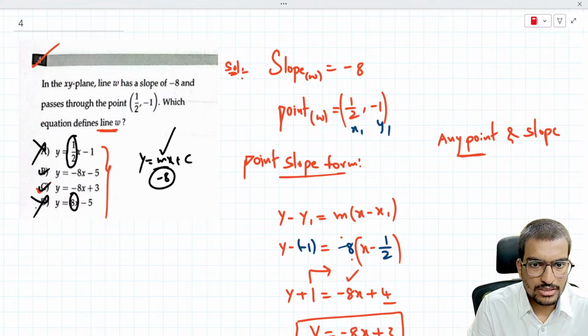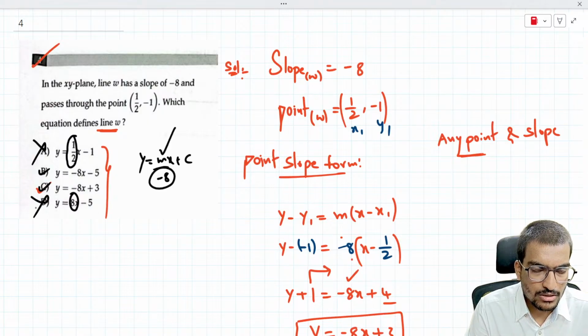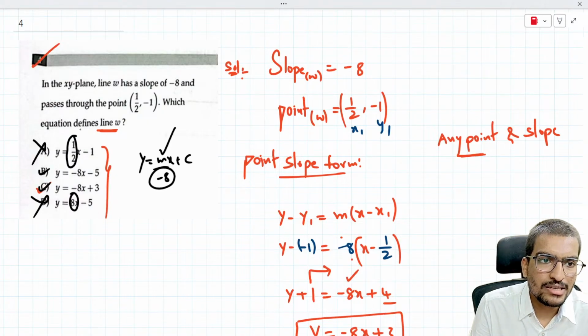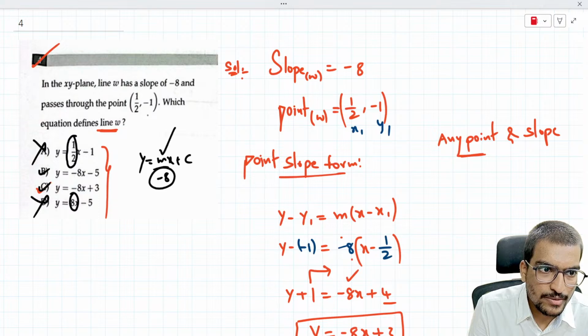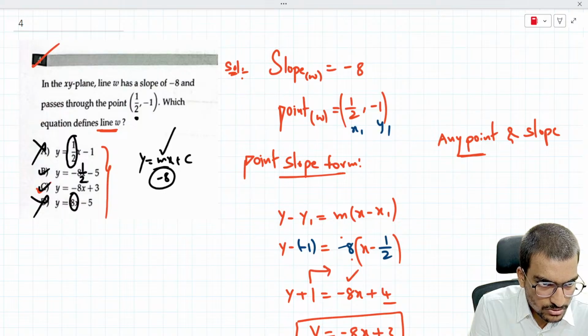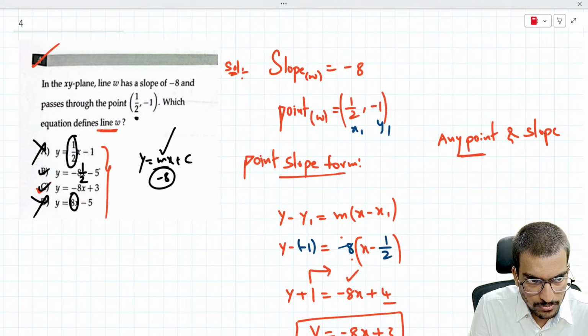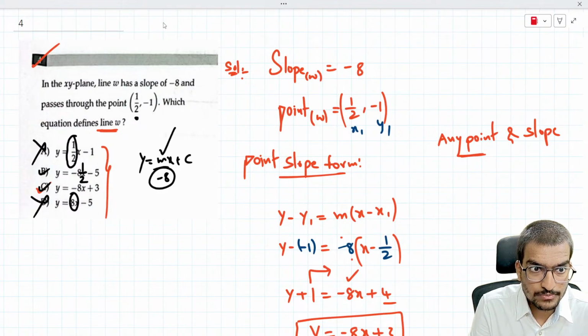So B and C. Out of that, how can you pick between option B and C? Just directly substitute. If you substitute x value 1 by 2 in option B, it's going to be negative 4, negative 5. You're going to get negative 9. That is not the y value.